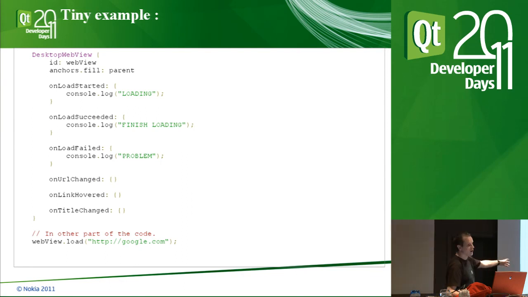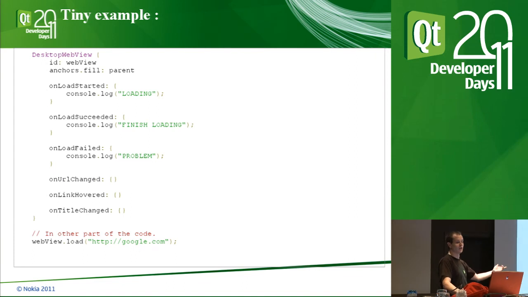And for instance, you get onLinkOver. This is for the desktop use case, right? It doesn't make sense on the touch screen, so this API doesn't exist on the touch web view. And in another part of the code, you can use webview.load, then you just give the URL and it starts loading for you. So very convenient to use, very, very fast.